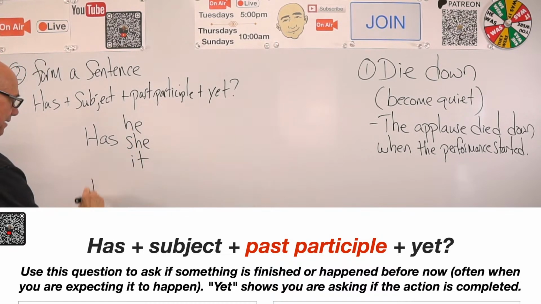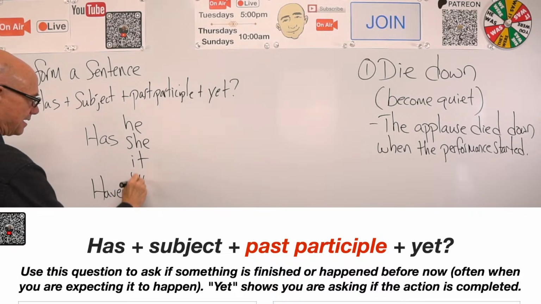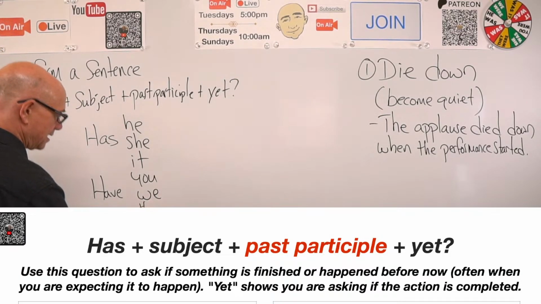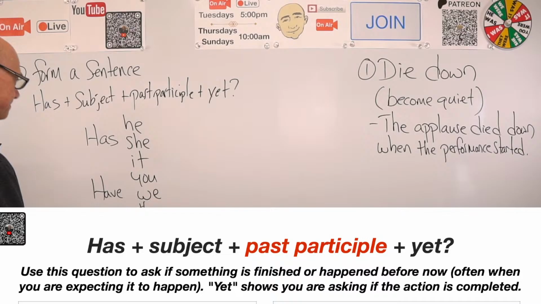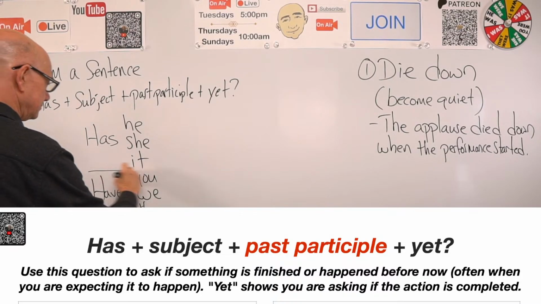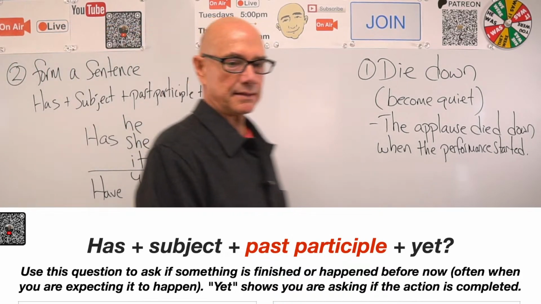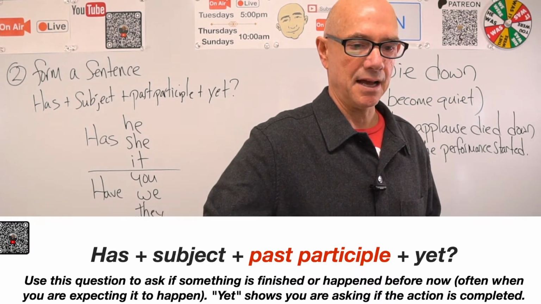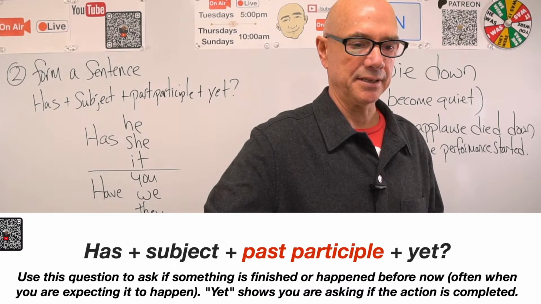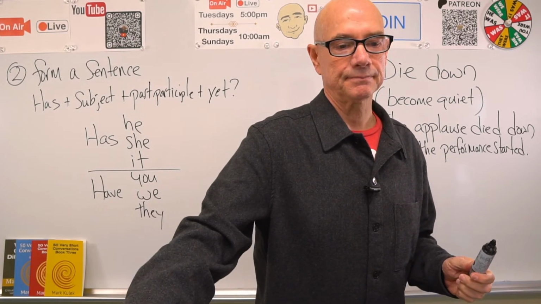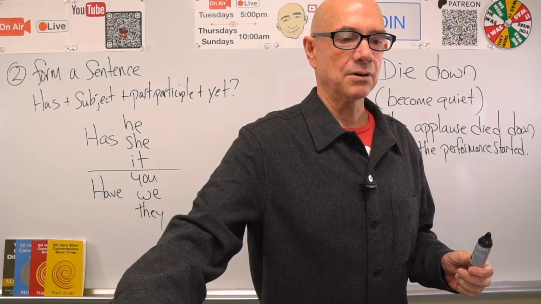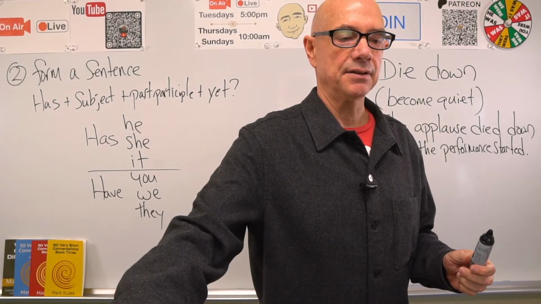And then have you, have we, have they. So that is how we use have and has, depending on the subject. So we use have or has depending on the subject.